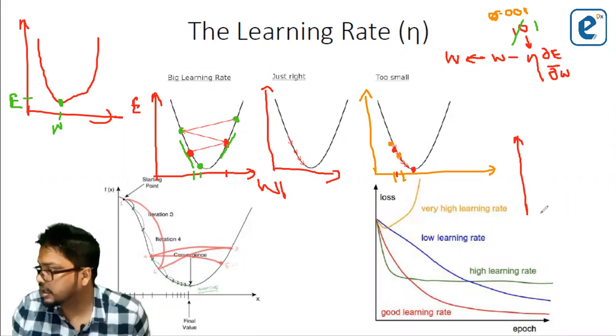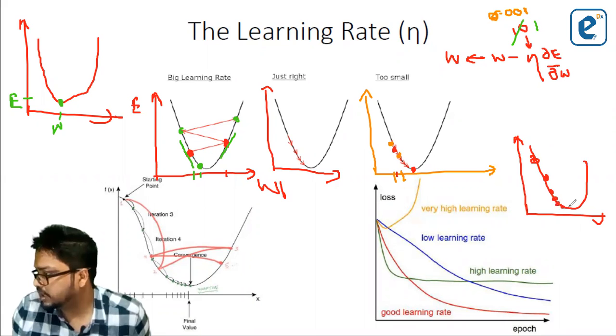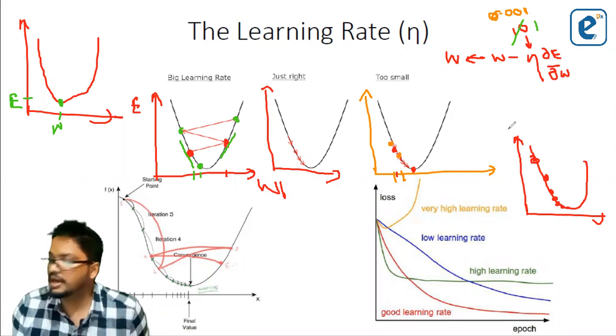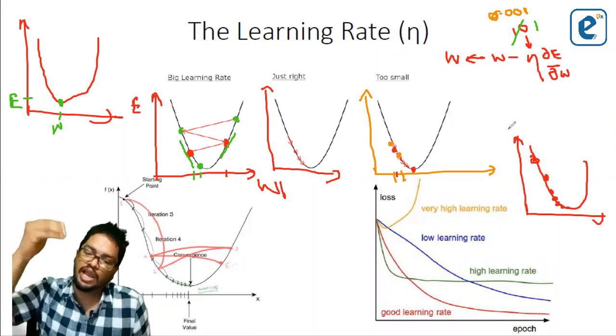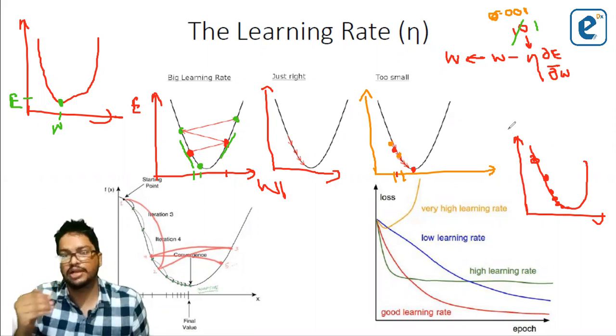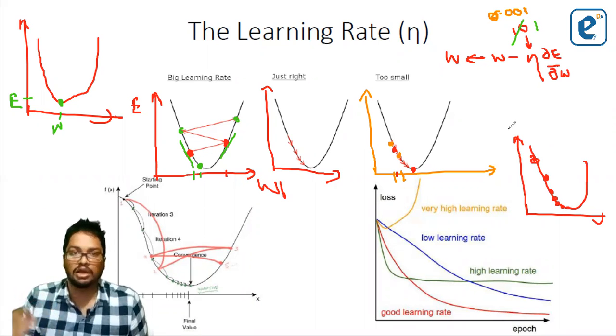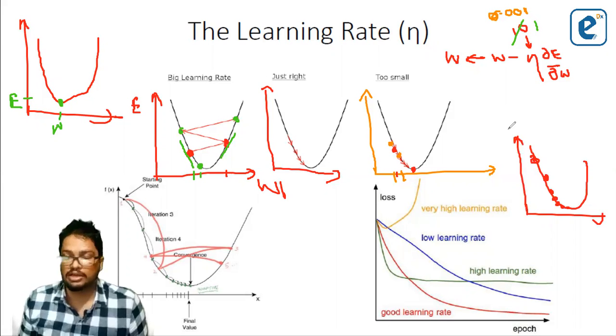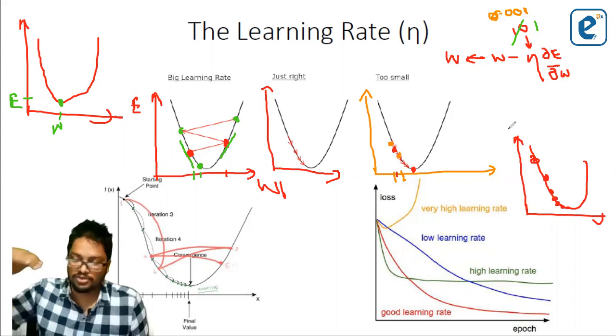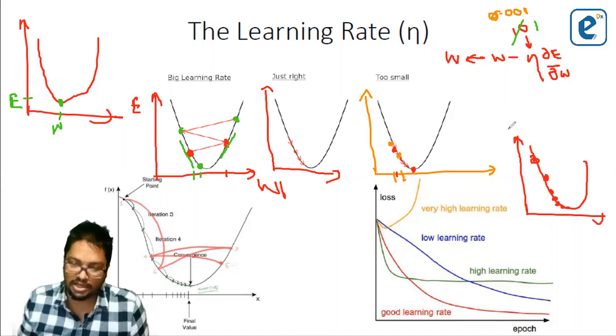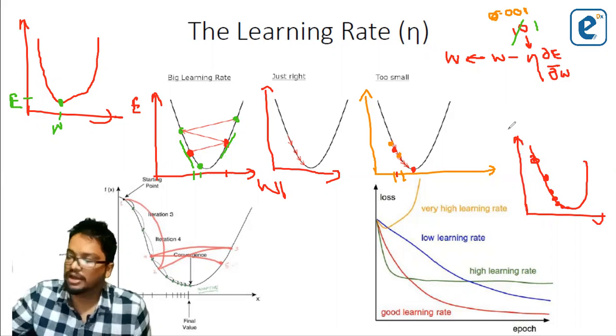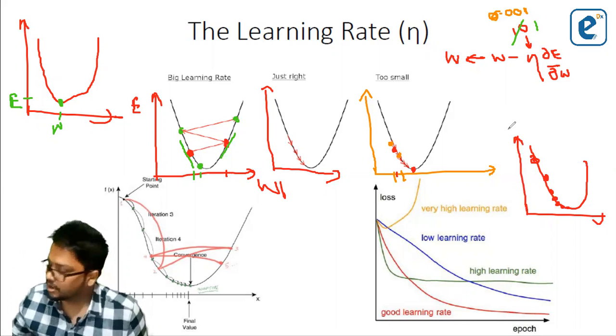In the initial time we can take big steps, but when we are eventually coming down to the bottom, we like to take careful steps. So the learning rate should start at a big value and eventually be reduced. That's the method of changing the learning rate. So we need to take careful steps when we are coming to the bottom.